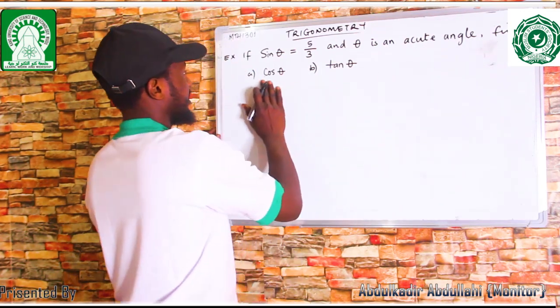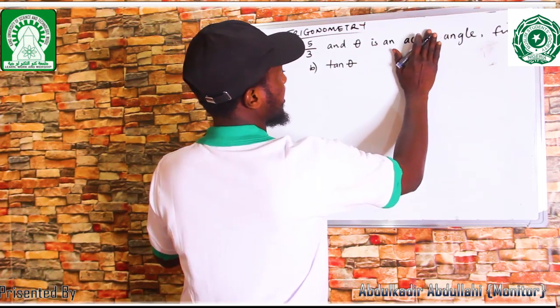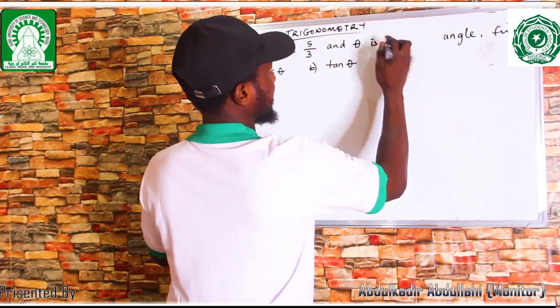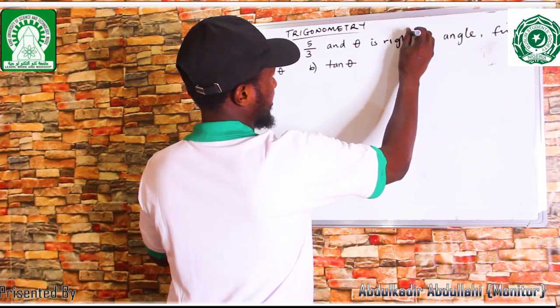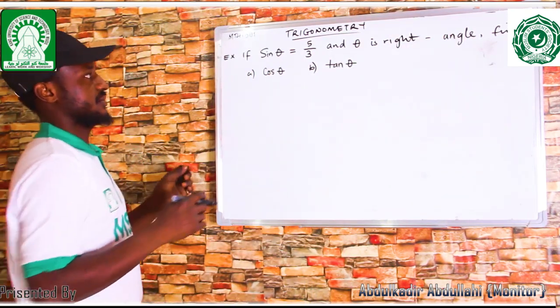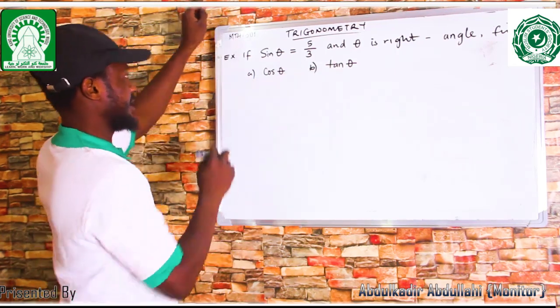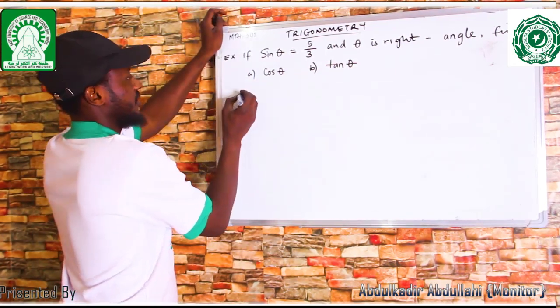Let me use a right angle triangle, that is angle 90. So we have to find cos theta and tan theta. Now look at it.